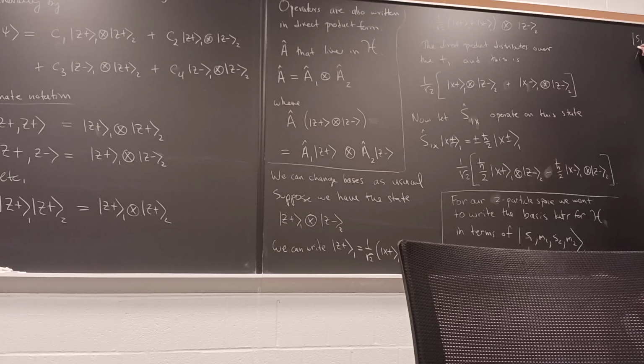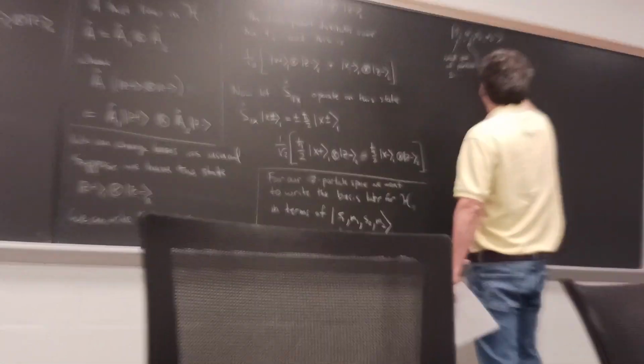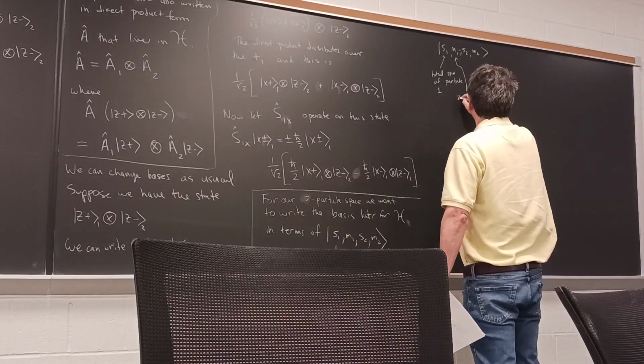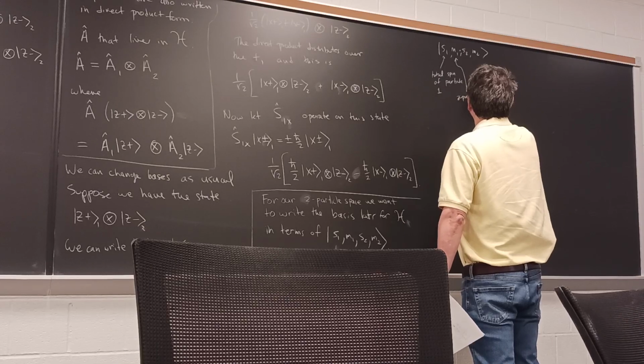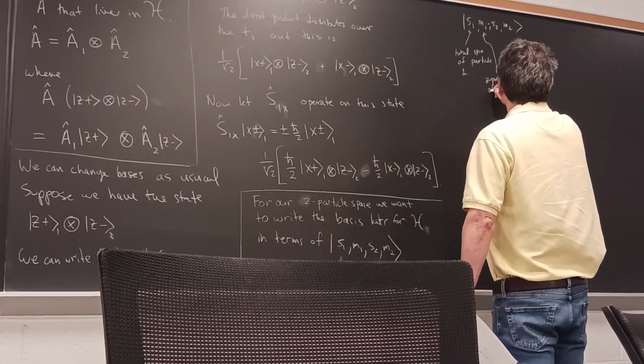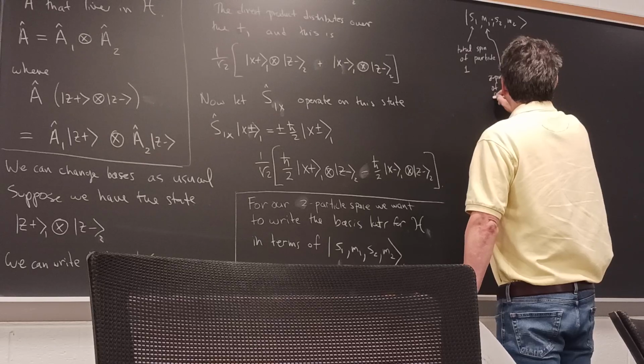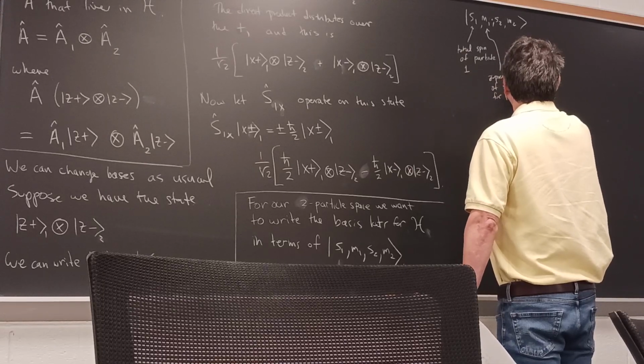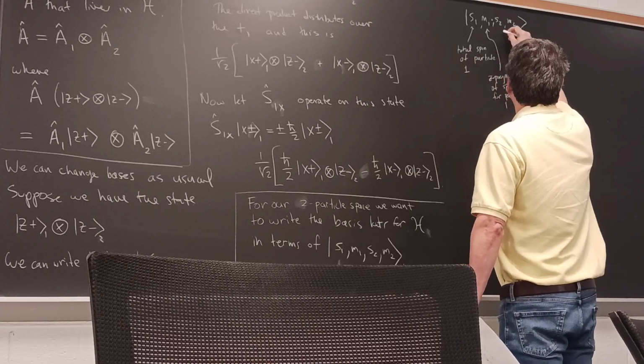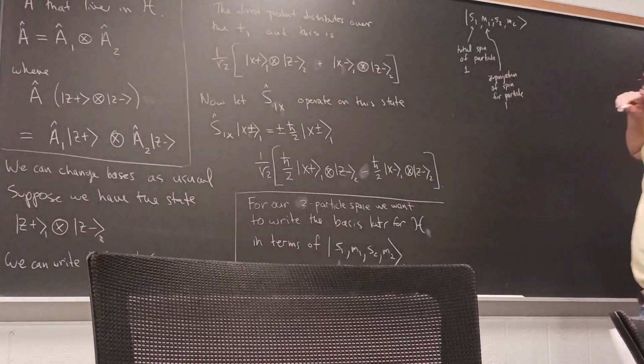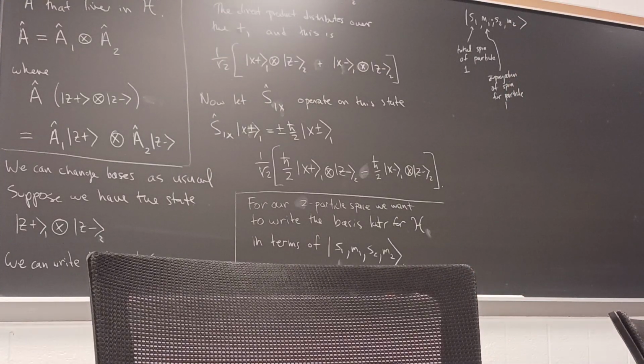Okay, this is the total spin of particle one. This is the spin projection, the Z projection, of spin for particle one, and then the same thing for S2 and M2.